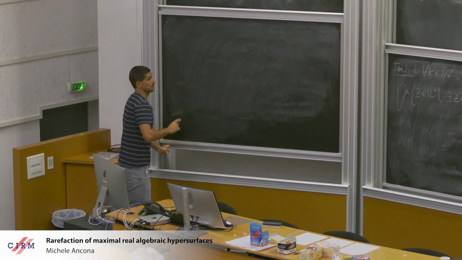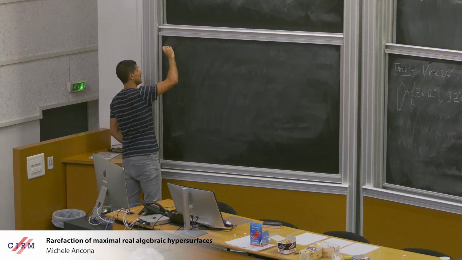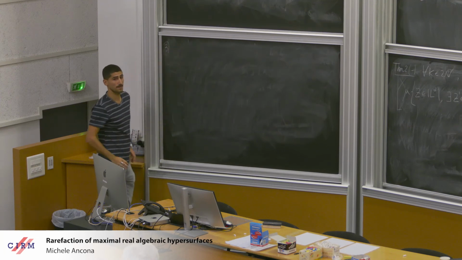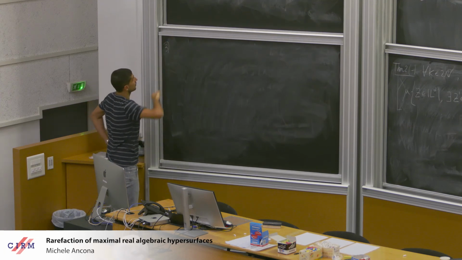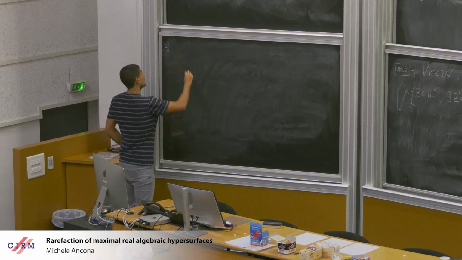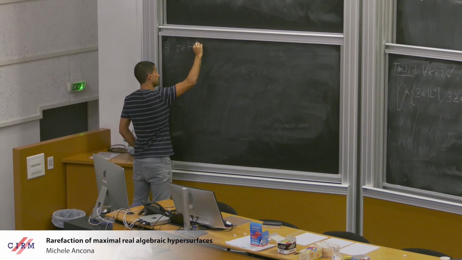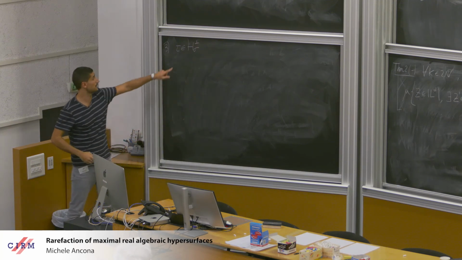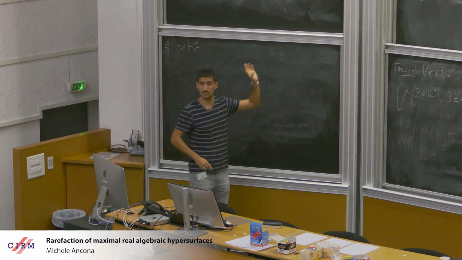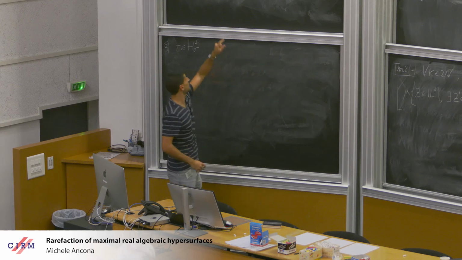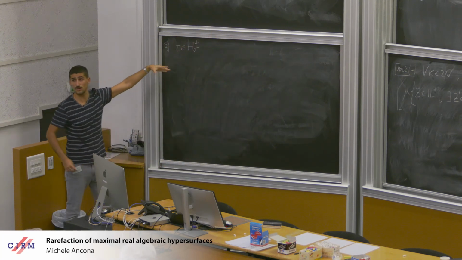So now there is, let's say, the key point. We'll consider a global section in this orthogonal part, so a section of the form S orthogonal.